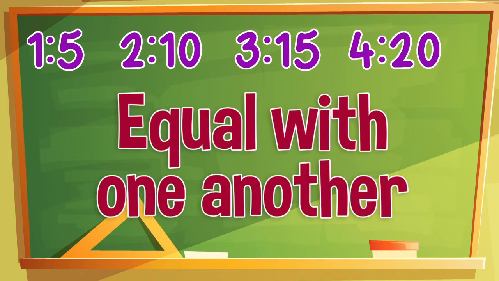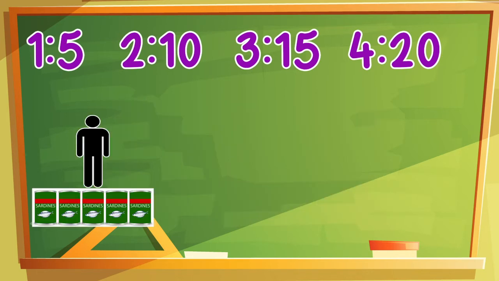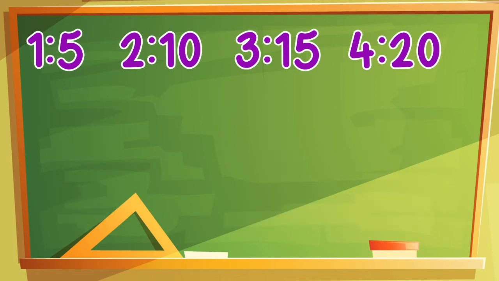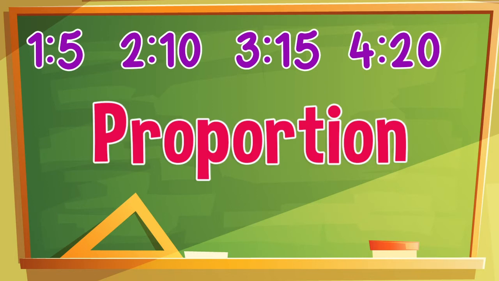These ratios are equal with one another. Like if 1 person will receive 5 cans of sardines, it is equally fair with 2 persons to get 10 cans of sardines. In mathematical terms, they are in proportion with one another.